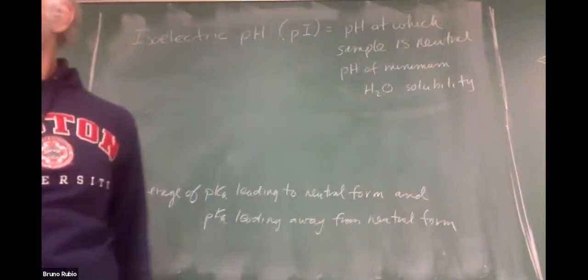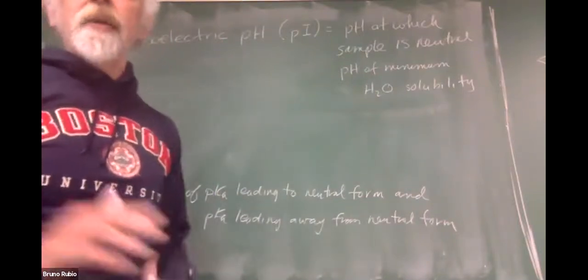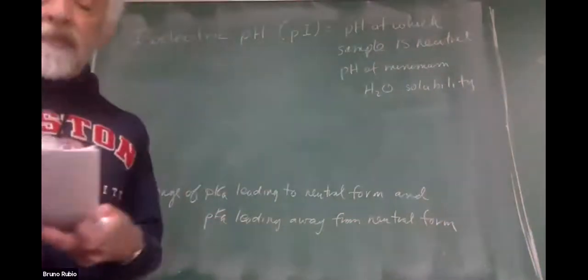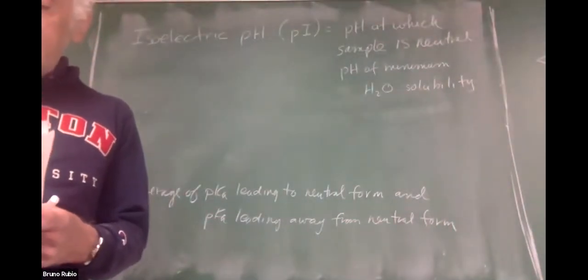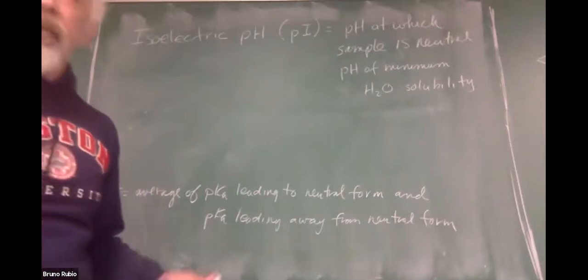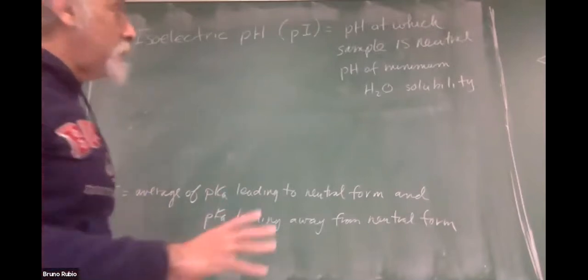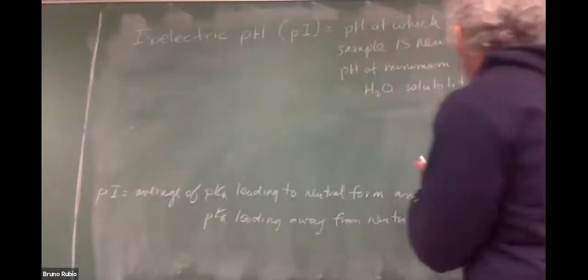So the isoelectric pH is the average of these two numbers. Okay, so let's show a simple example and then something a little bit more complicated.